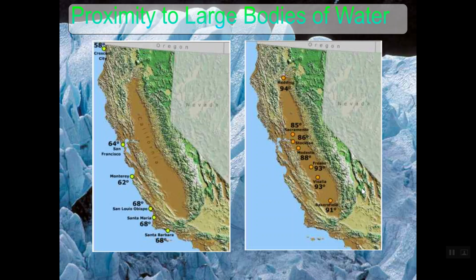Another effect we see is the proximity to large bodies of water. If you have a city that is on a large body of water, because of the heat capacity of water, water maintains its temperature more readily than land. We're going to look at an experiment about that in a minute.